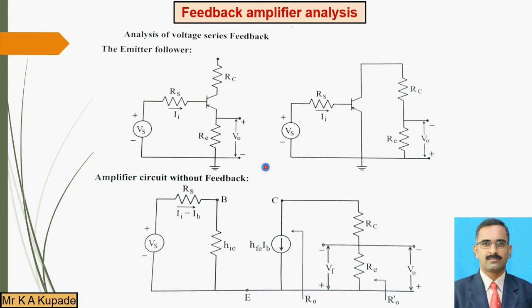Here you apply a DC voltage to the collector terminal, and you apply the input signal Vs and get the output at the emitter terminal. This is the circuit without feedback, and this one is with feedback. Here you are considering the output point.